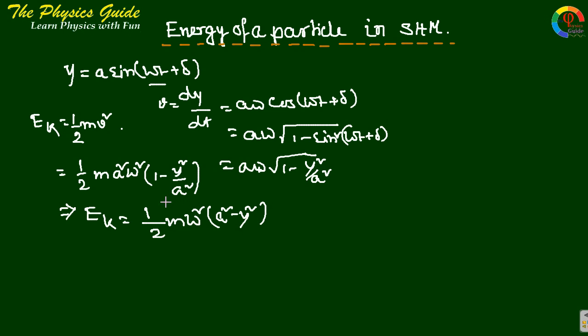Again, to find potential energy, we know that force is proportional to y, and that is force equals minus omega squared y. So taking only magnitude, F equals omega squared y.